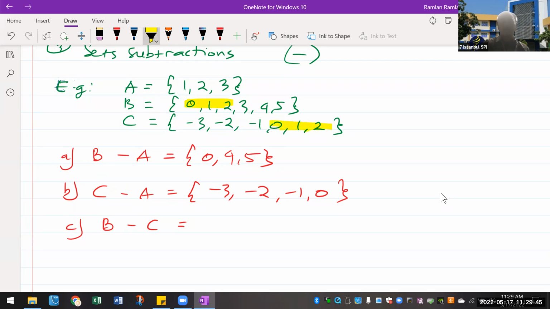And then you rewrite set B, the one in front, but without the elements that are the same. Which means this is going to be 3, 4, and 5, because 0, 1, 2 were already taken by C.